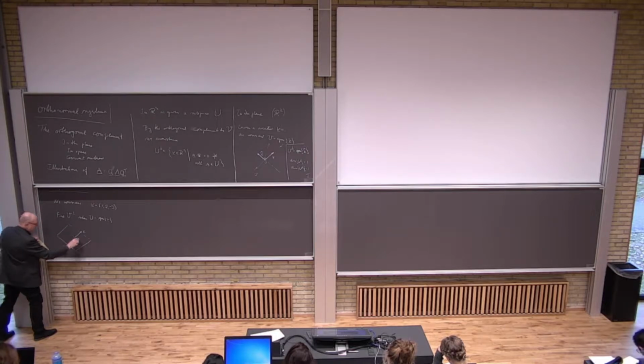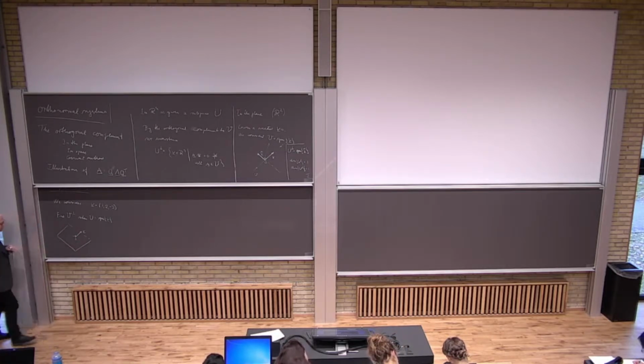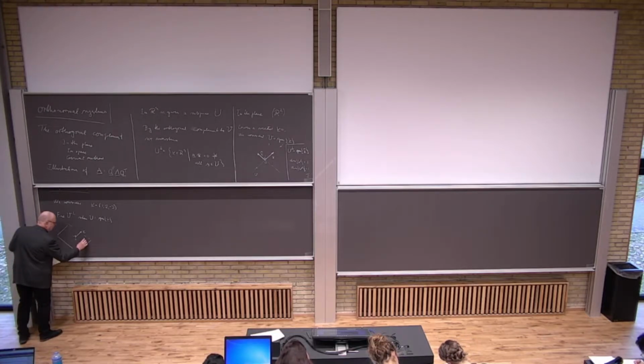So you have this plane here, and you should imagine that this vector here is orthogonal to this plane. So this line here is 90 degrees, and you have another angle here which is 90 degrees. So it's perpendicular to that plane, and this will be my orthogonal complement.